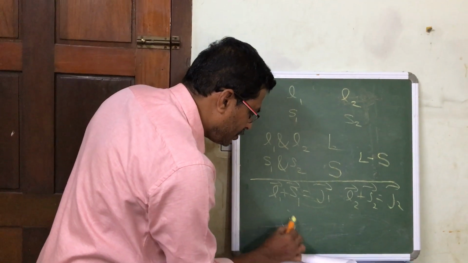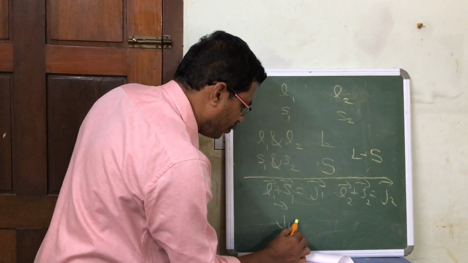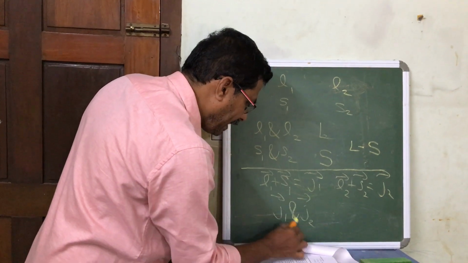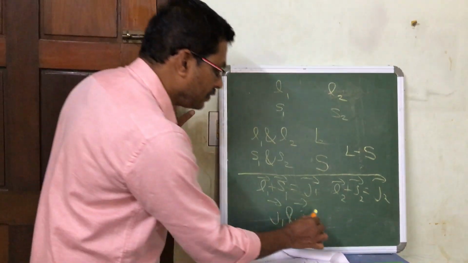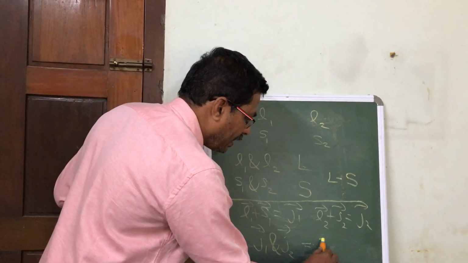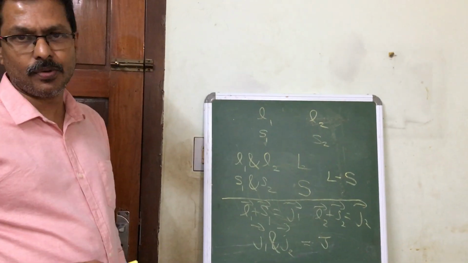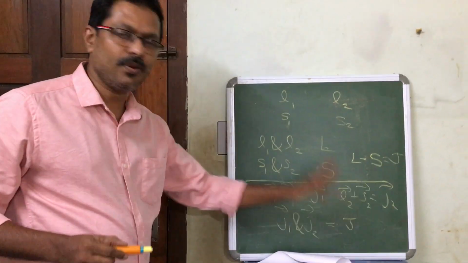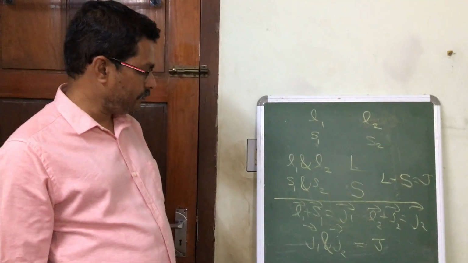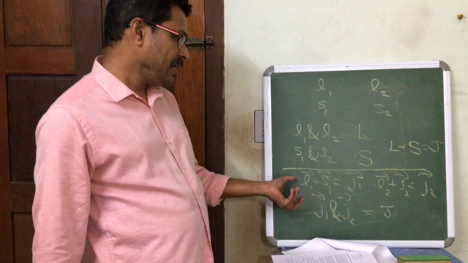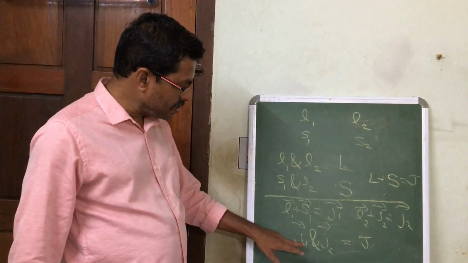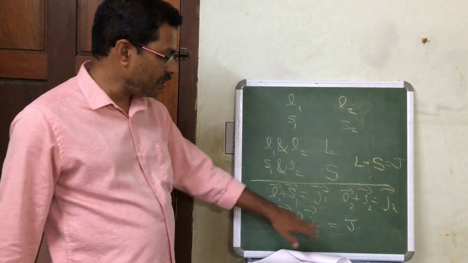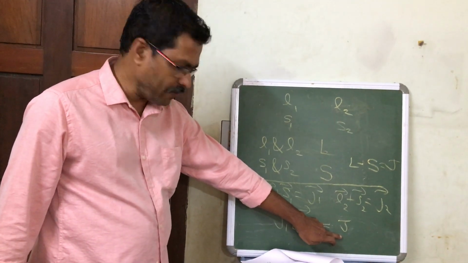Then this J1 and J2, both are vectors, can combine vectorially to get resultant J values. So here also you are getting a J value. This is known as the JJ coupling.